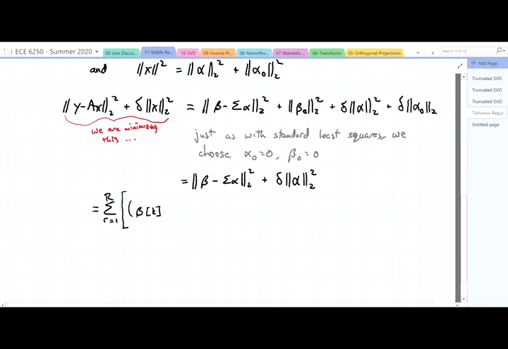Beta R minus sigma R alpha R squared. And then we'll have a second sum that looks identical, except that it also adds in delta times alpha squared R, so we can just include that in the sum and put it all together.